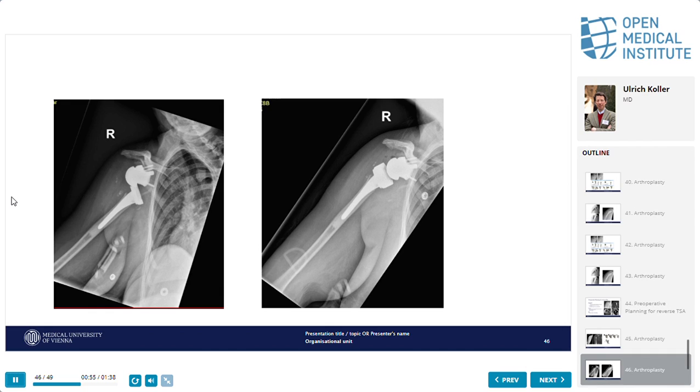But we saw that the tissue needs some time to get tension. We were a little bit scared if we would be able to make it stable, but we were able to use a higher platform and a slightly higher poly. But at the end it was just 6 millimeters.